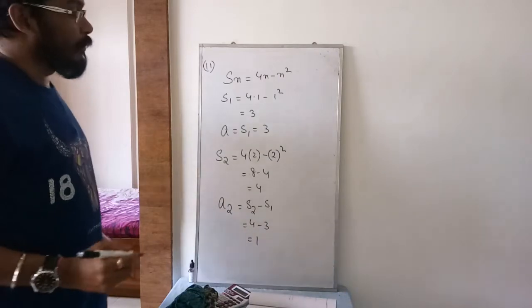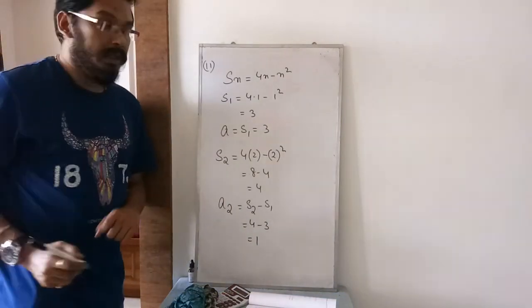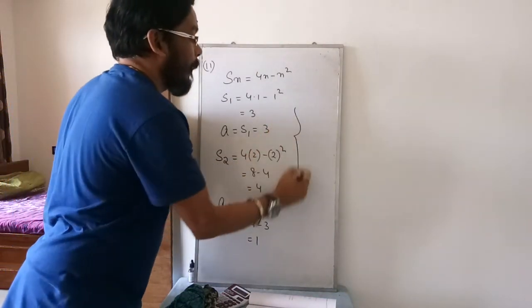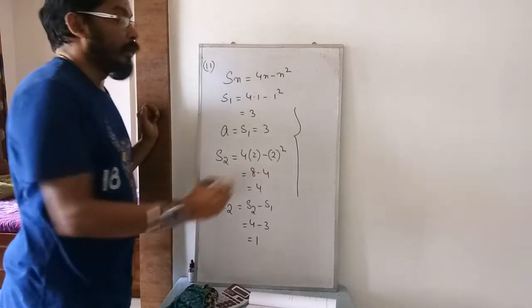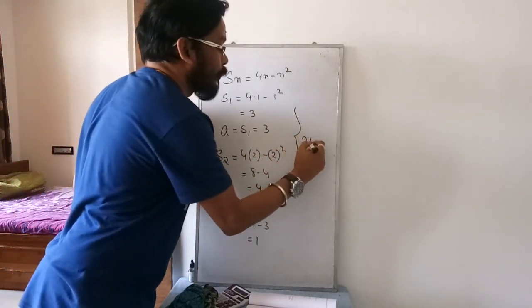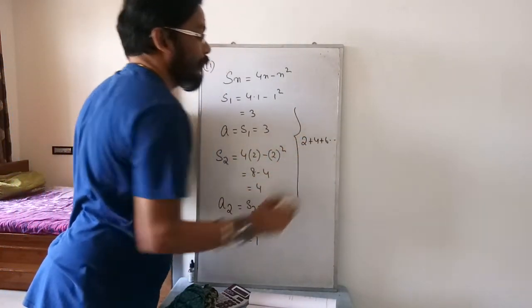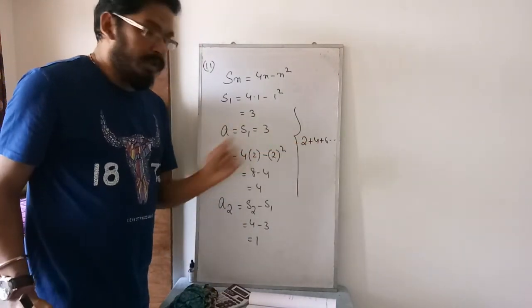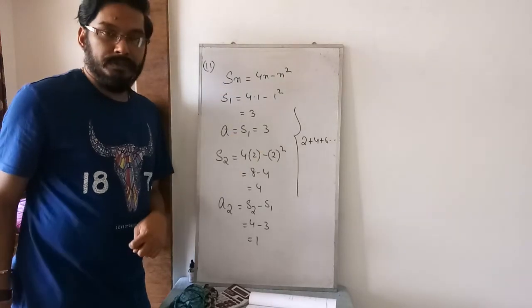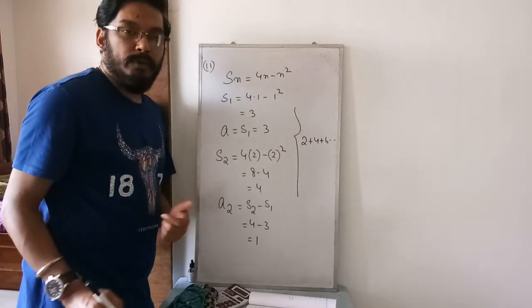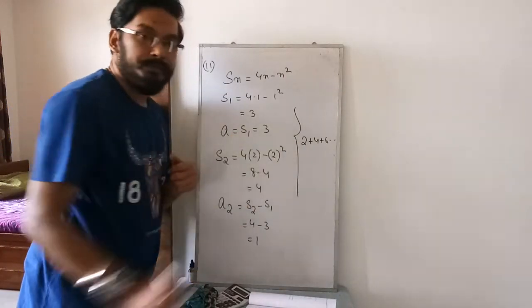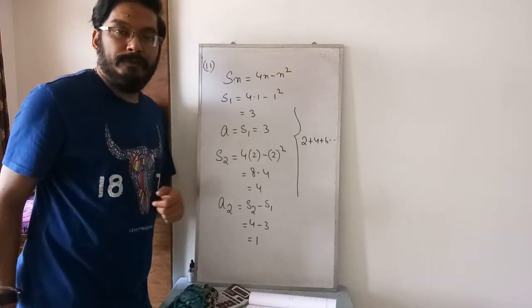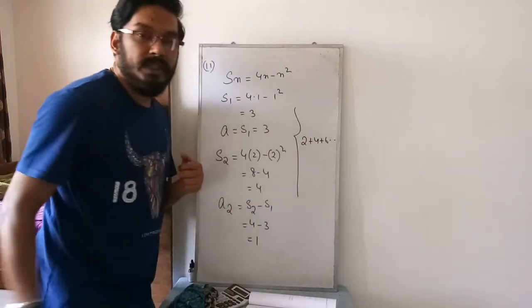Now here you may get a little bit confused. Suppose you are given a sequence 2 plus 4 plus 6. Here 2 is your first term, 4 is your second term, 6 is your third term. If I ask the sum of the first term, it will be 2. The sum of first two terms, 4 plus 2, 6.